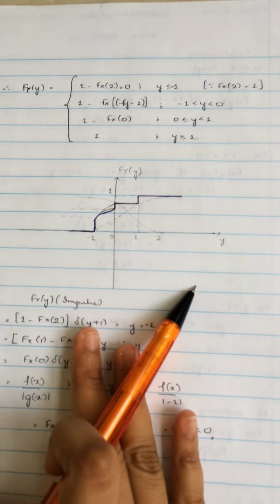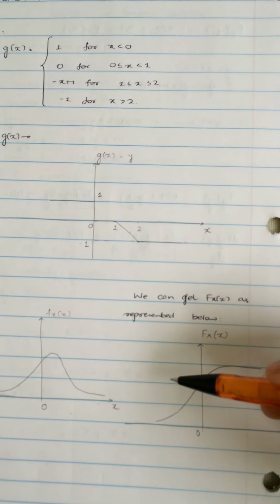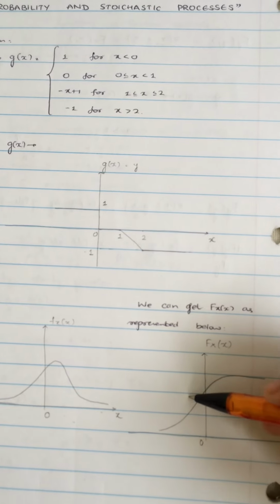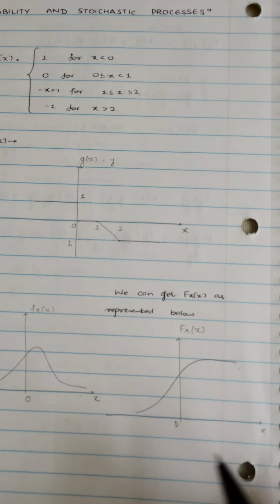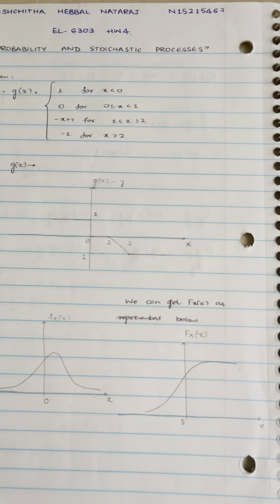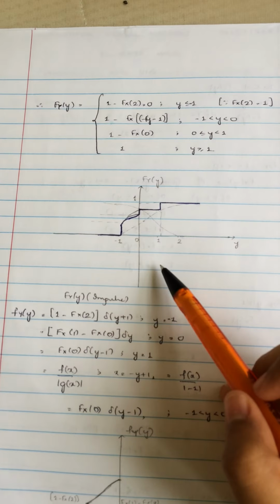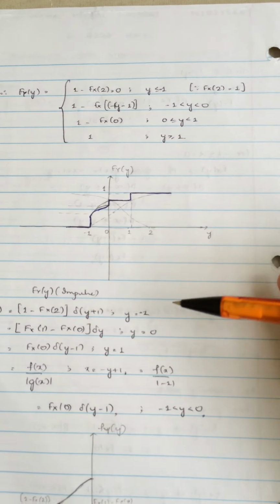Based on these plots, and taking this as a positive plot, we can map the inverse plot like this. Using those, we can finally plot capital F_Y of y as shown below. The one which is darkened is the capital F_Y of y.